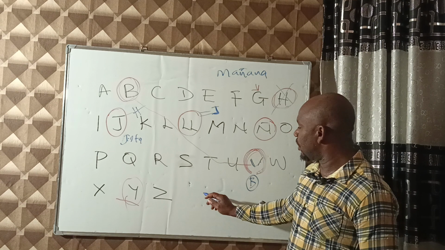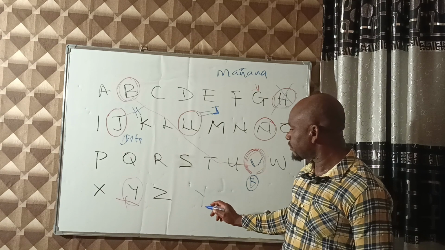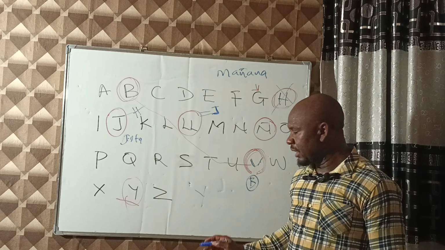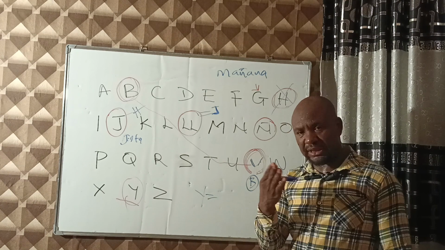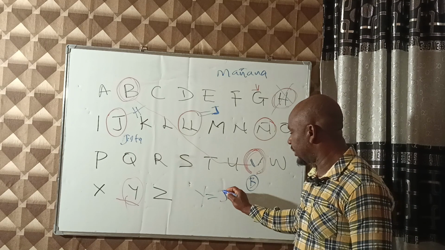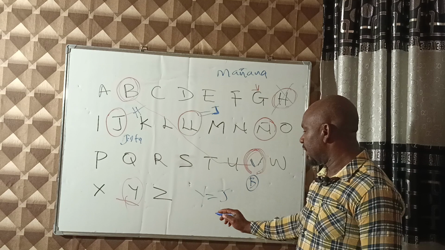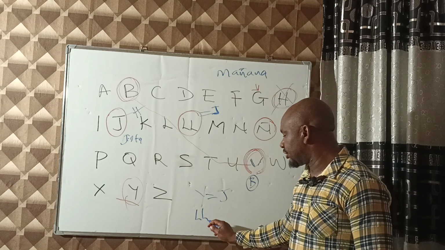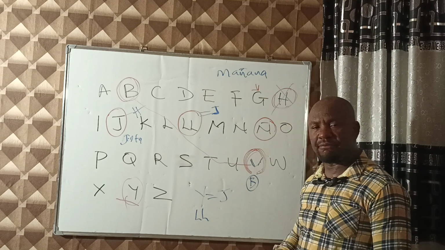When you see Y on its own, it has a sound. Sometimes certain countries in Latin America pronounce it as J. You can replace it with double L. So the two have the same sound.